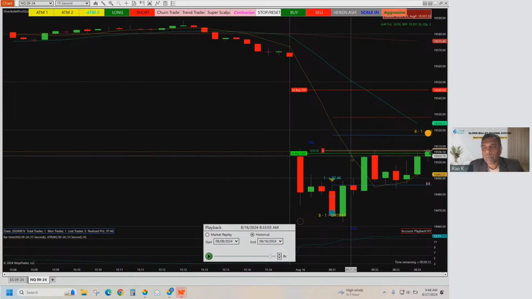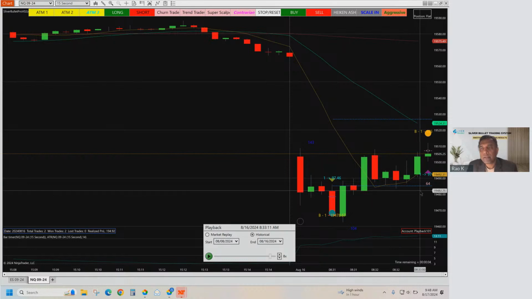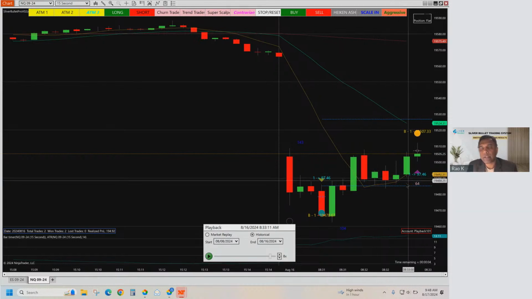Filled. Okay, so here 3 contracts have been shorted, 3 futures contracts, and we are aiming for 8 ticks of profit, and we'll see if we get the profit. Target filled. Yes, so trade got closed for profit, so $97 again. So total from 2 trades, we made $194. So we are aiming for $1,000.